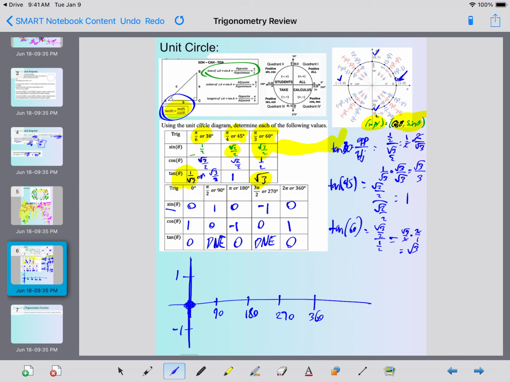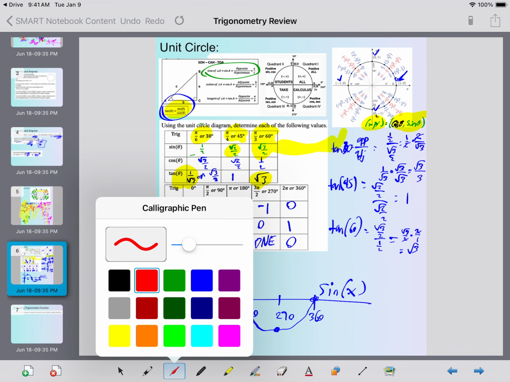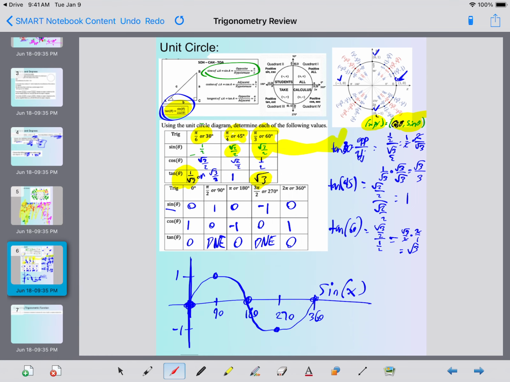I'll put a little blue. Then it goes up to 1, then it goes down to 0, then it goes down to -1, then it goes back to 0. This would be what sine looks like, right? And that's your basic sine function. Notice it's a wave. That's why it's called a sinusoidal function. It takes the form of a wave.